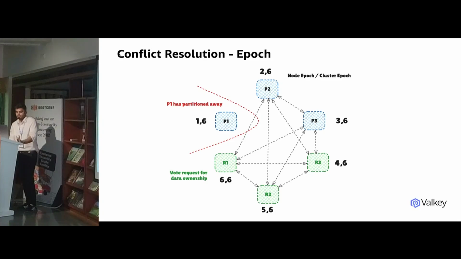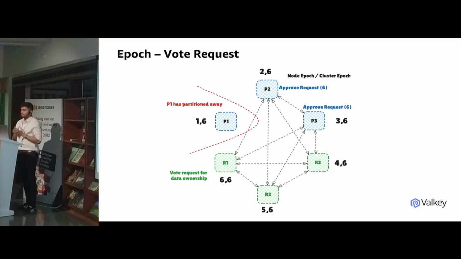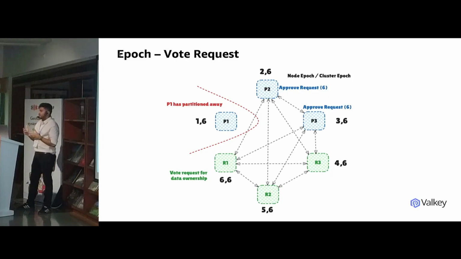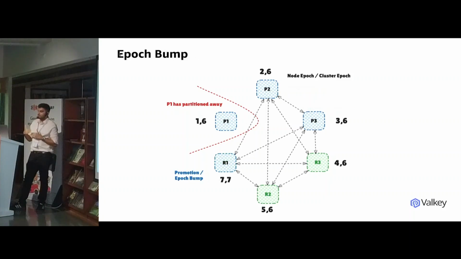So now let's go to the replica candidate asking for ownership of that particular shard and slots. And what the primaries do is they see that there has been no other request for this epoch value for any kind of failover operation. So this approval could go through because there has been no change for this particular epoch. So they approve the request for this particular epoch, which is 6. And R1, after it receives the approval, performs an epoch bump and promotes itself to become the primary.